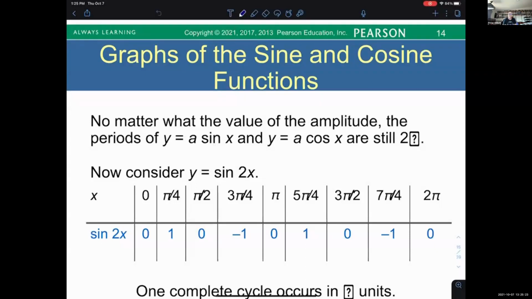It happens sooner. And the reason is that we're doubling the angle before you're taking the sine of the angle. So now if I plug in a pi over 4 and I multiply it by 2, that then gives me pi over 2, and sine of pi over 2 is 1. So the 1 used to be over here at pi over 2, and now if you put in a 2 in here, it gets shifted over to happen at pi over 4.